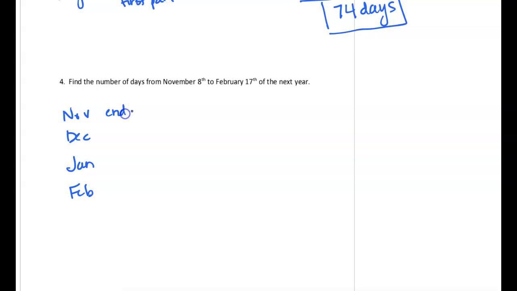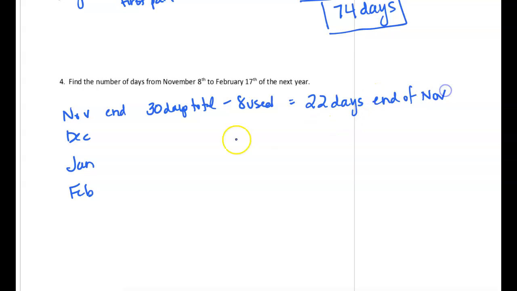In November, we want the end of the month. So we're going to say that there are 30 days total, minus the 8 already used that happened already, and that ends up with 22 days at the end of November. In December, we're going to use all 31 days.